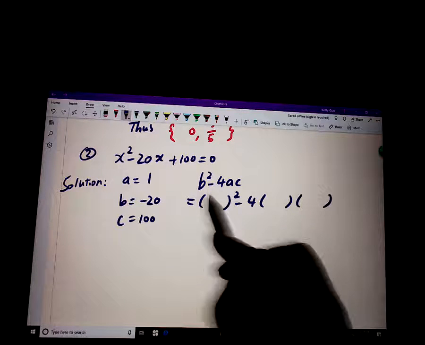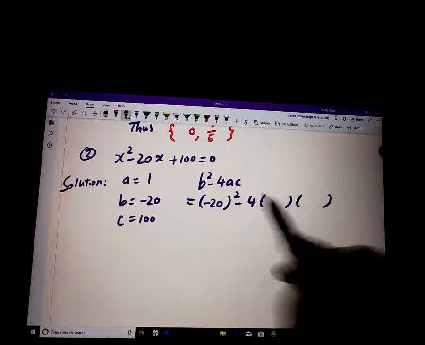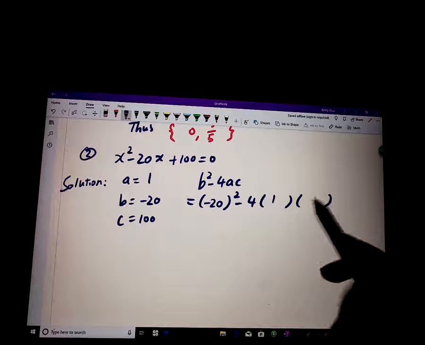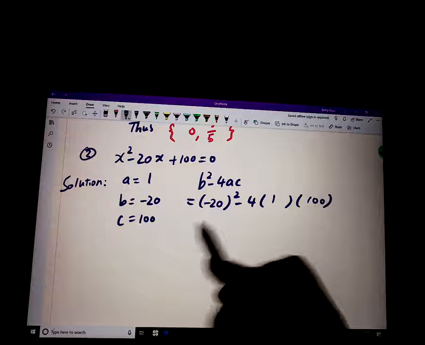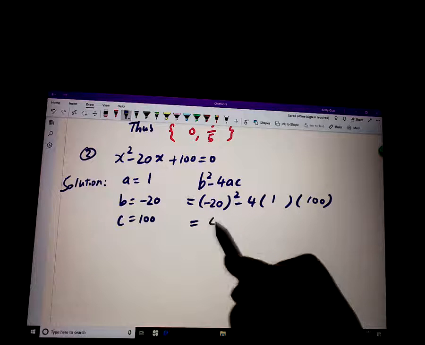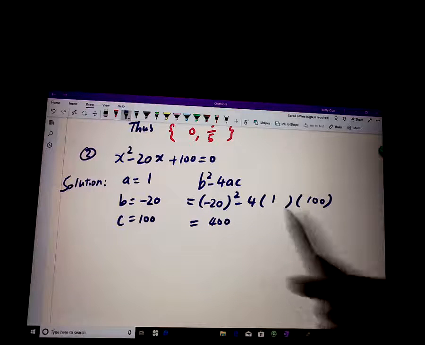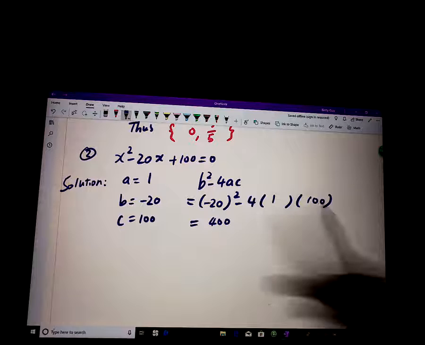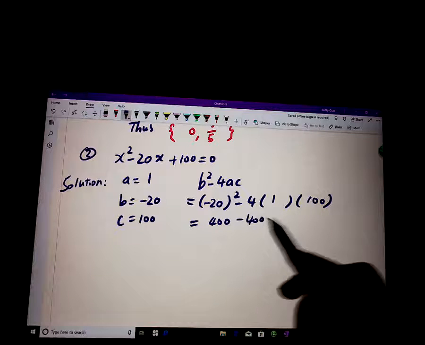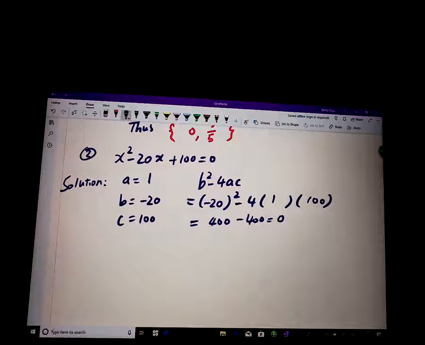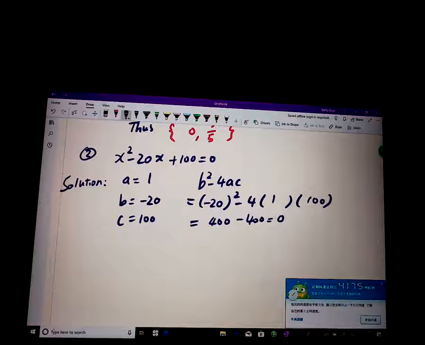Value of B, negative 20. Value of A is 1. Value of C, 100. What's the square of 20? Positive 400. What is 4 times 100? 400. Here we go. We got a discriminant equals 0 in this case. So what does that mean?